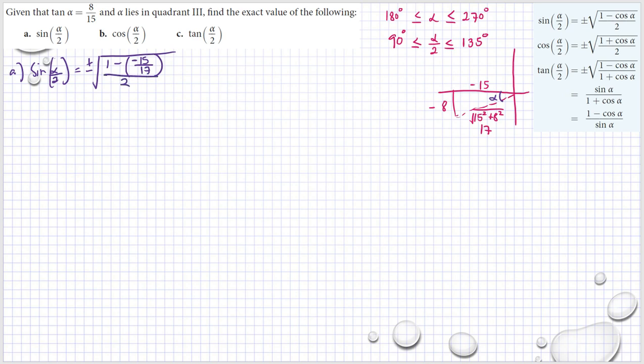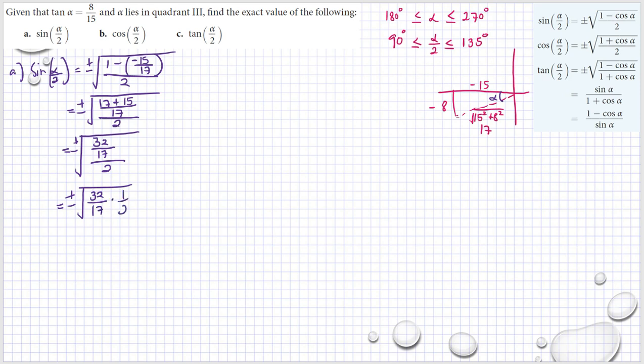And then we have plus minus square root of, if we expand 1 by 17, then we have 17 plus 15 over 17, over 2. Then we have the square root of plus minus 32 over 17 over 2. Then we have plus minus the square root of 32 over 17 multiplied by 1/2.